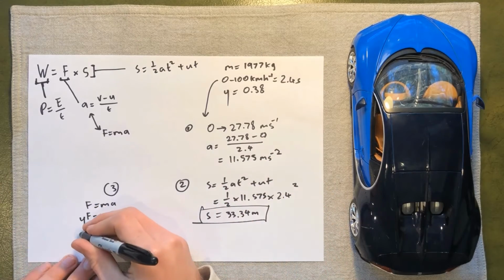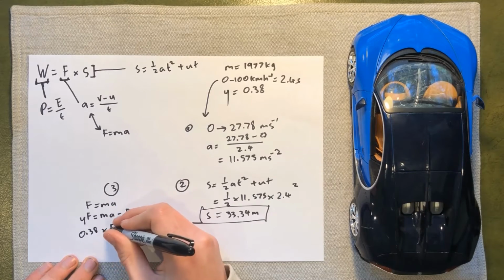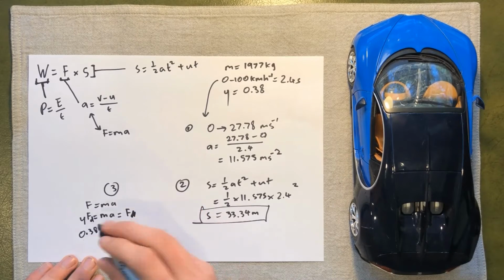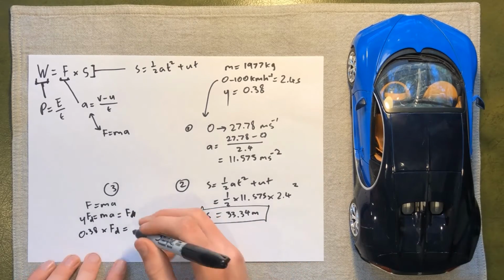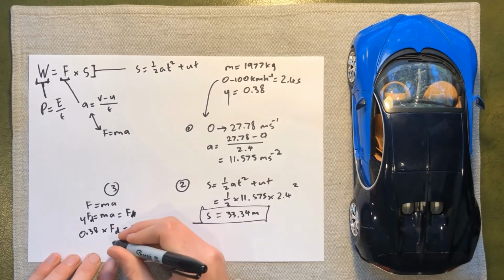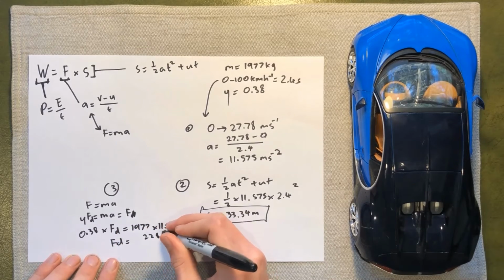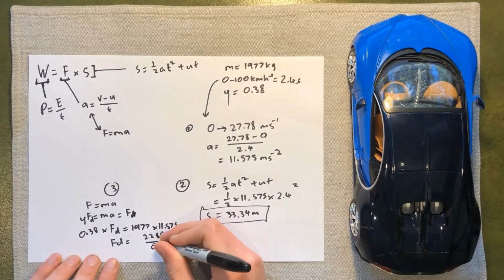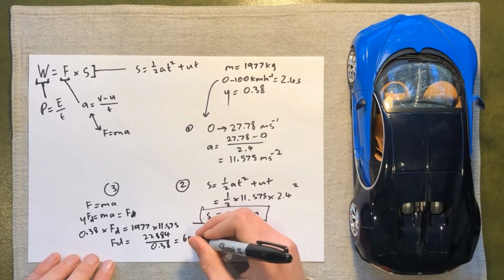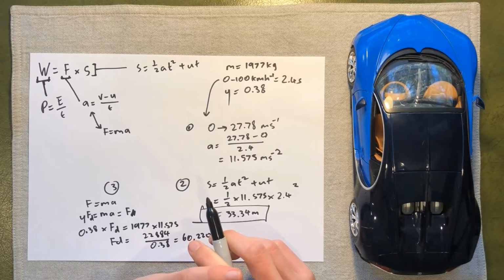So we do our 0.38 multiplied by F, this should be the driving force, by the way, and that's what we're going to be using to calculate power, is equal to 1977 multiplied by 11.575. We get 22,884 newtons divided by 0.38, and that's going to give us our engine providing 60,220 newtons, which, if you think about it, is a lot of force.